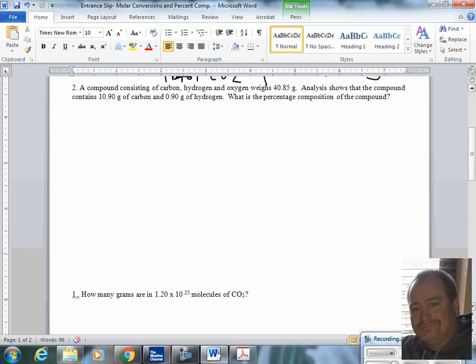Analysis shows that the compound contains 10.9 grams of carbon, 0.90 grams of hydrogen. What is the percentage composition of this compound? Now, one thing I see here is they do not give me the mass of the oxygen, do they? So, I need to calculate the mass of the oxygen. How am I going to do that?